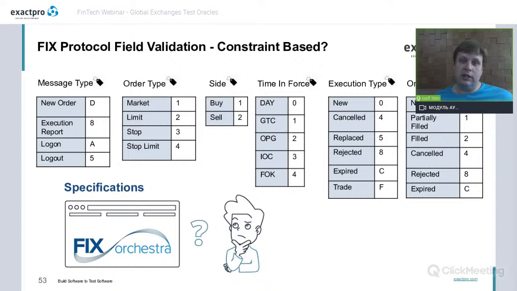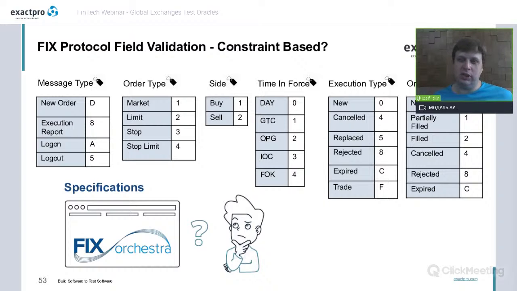A good thing here is that in some cases we can do it using outputs only, without inputs. Sometimes we can analyze the flow of messages without making any assumptions on the inbound flow or internal states. For example, for order status, we know that it should be within a limited subset of values.